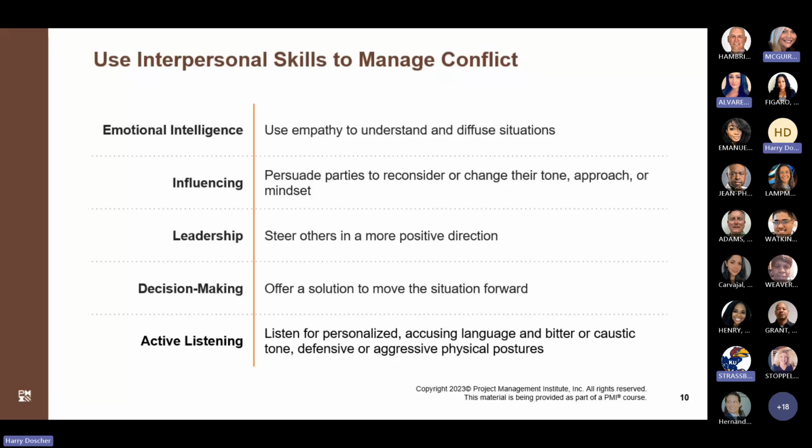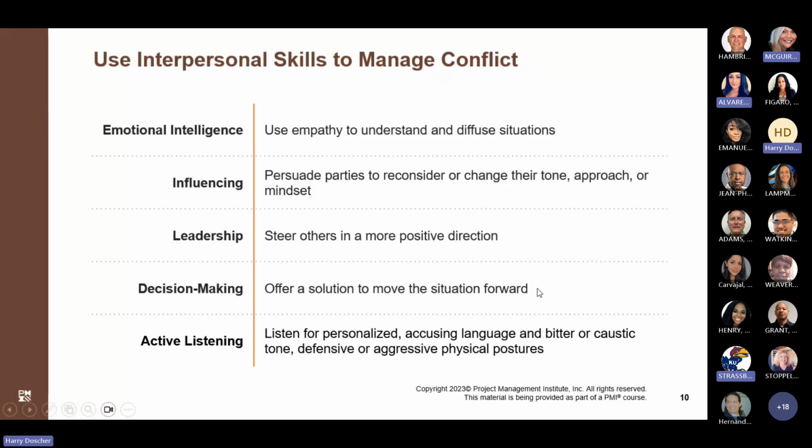If the situation has deteriorated or any of these things listed here occurs, you've got a big job on your hands. You need to work to ratchet things back to where the conflict itself is identified and work with the team to come up with a way to move forward on it.